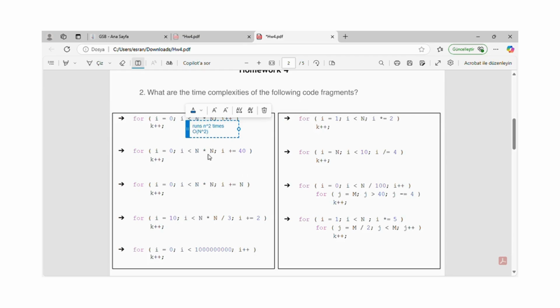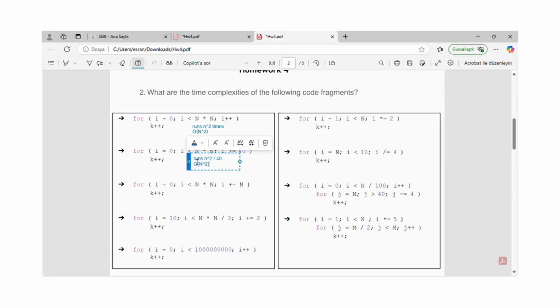And the second one here, it runs n square over 40. But when we calculate the time complexities, constants are ignored. So here our time complexity is O(n square).